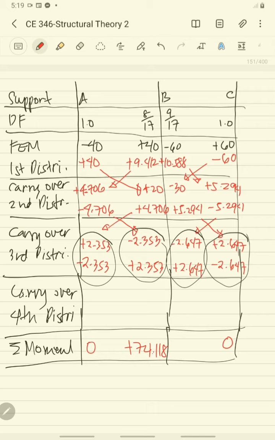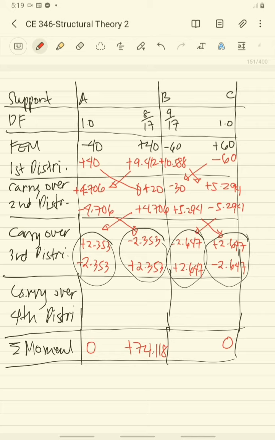Okay, for the right side of B, we have negative 60 plus 10.588 minus 30 plus 5.294 minus 2.647 plus 2.647.